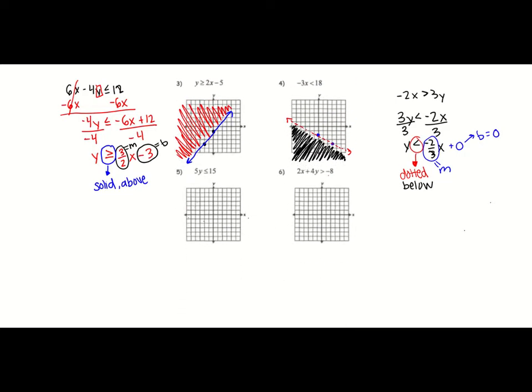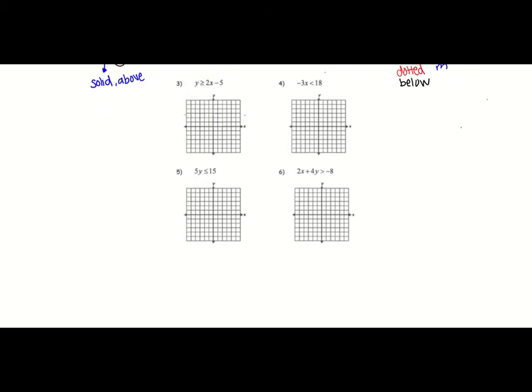Okay, let's look at number 3 and 4. Number 3, my y is already by itself, so I am already at step number 2. I can just identify my y-intercept and my slope. My b is negative 5. That means I'm going to put my first point at negative 5.